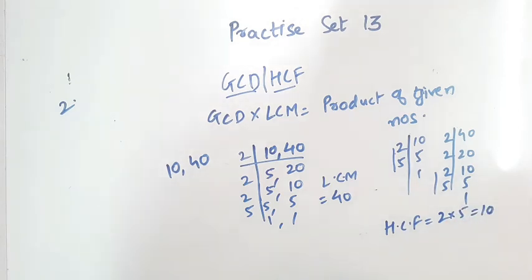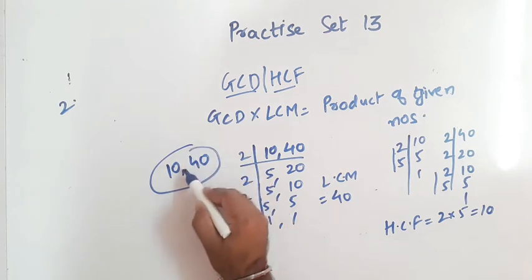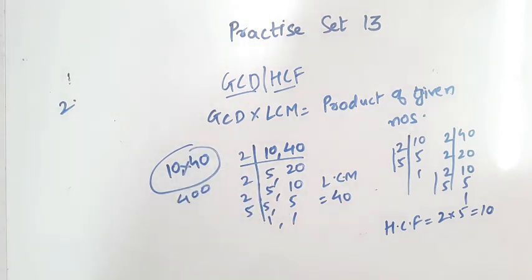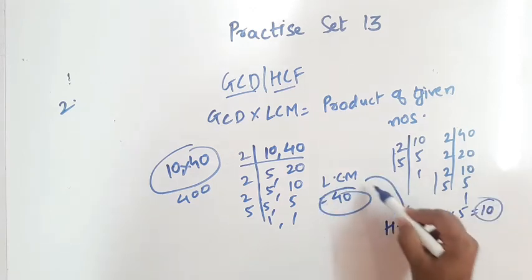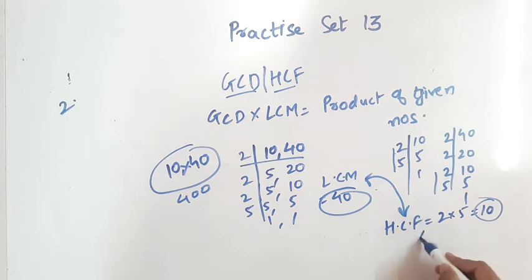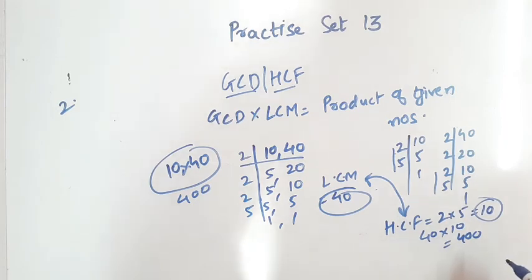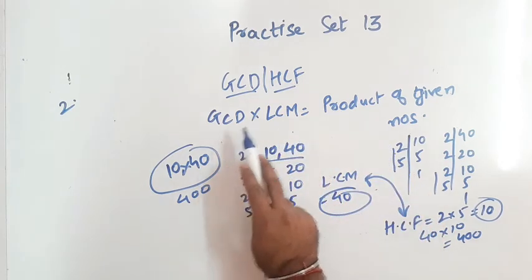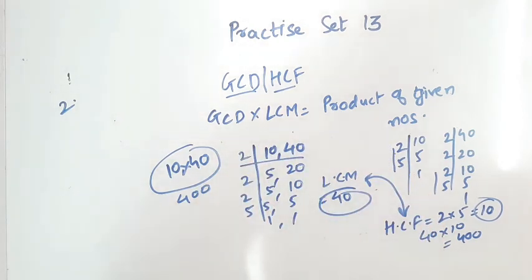Okay, if you see these numbers, if I multiply them, I'll get 400. Okay, and if you see these two numbers, if I multiply HCF and LCM, I'll again get the same, that is 400. Okay, so any given numbers you multiply will be the same as the multiplication of their GCD and LCM. Okay, so we'll start with question number 2.